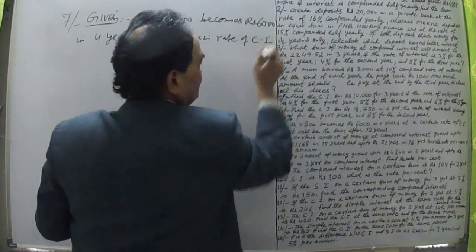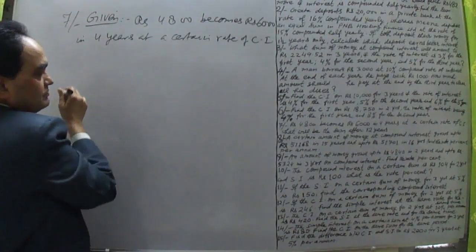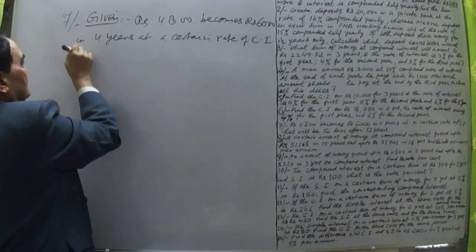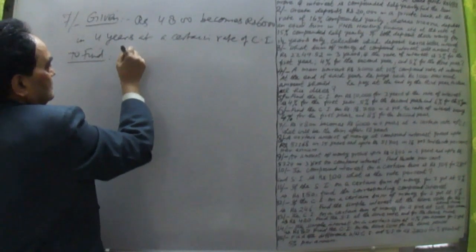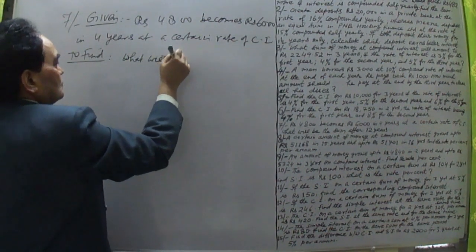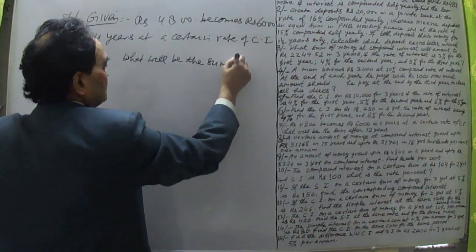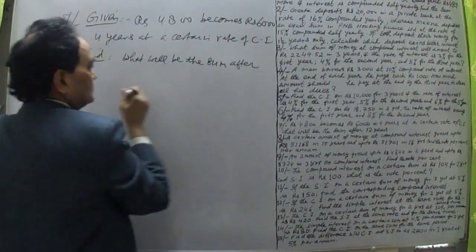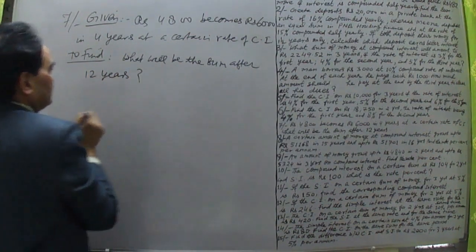So this is given to us. What will be the sum after 12 years? We have to find out what the sum will be. This is the basic point here.